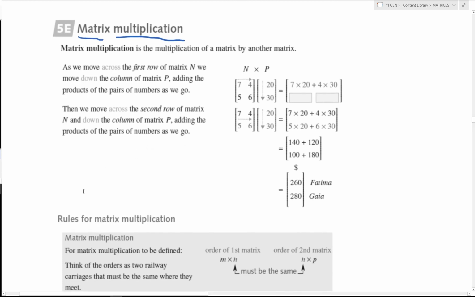Matrix multiplication, like I said, is the multiplication of a matrix by another matrix.